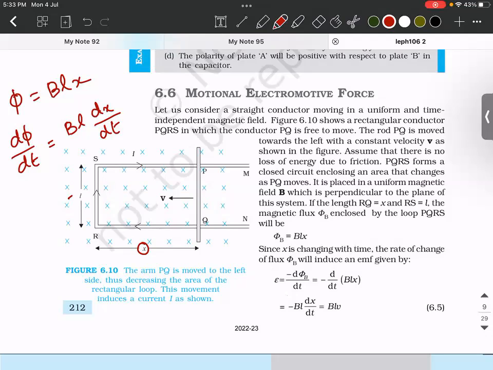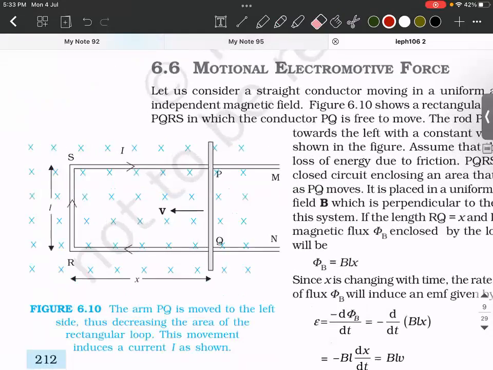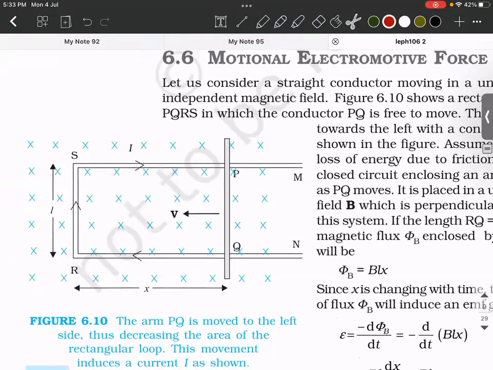So when this is the scenario, one minute, I'll write the steps again. This is an important concept. I hope I'm clear till this step. No confusion? You understood the system's arrangement?